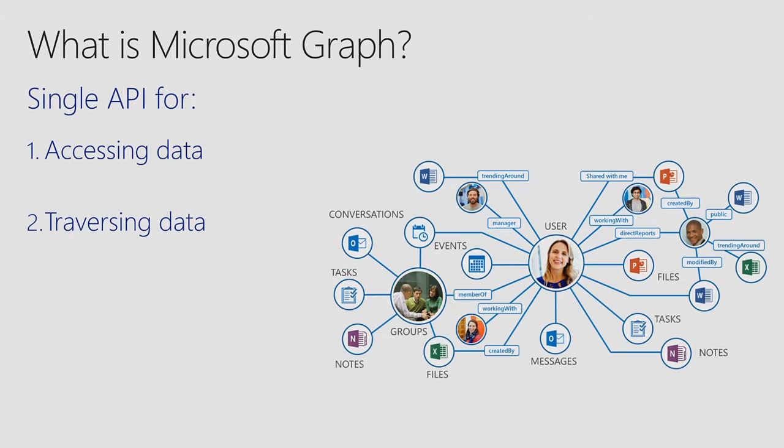Traversing data is a big feature of the graph. It's not just about getting to my Outlook email, but how that email relates to other things. How does it relate to OneDrive? Maybe there are attachments in OneDrive, right?